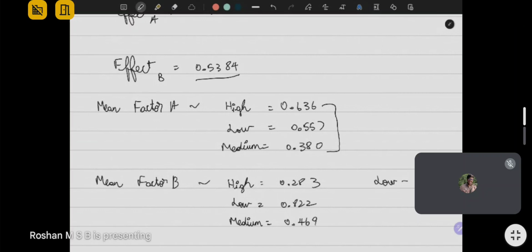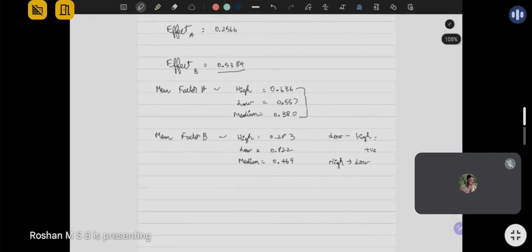By decreasing that particular parameter, you will have a higher effect. Yes, that is correct. When moving from high to low, you are getting an increase in the response.